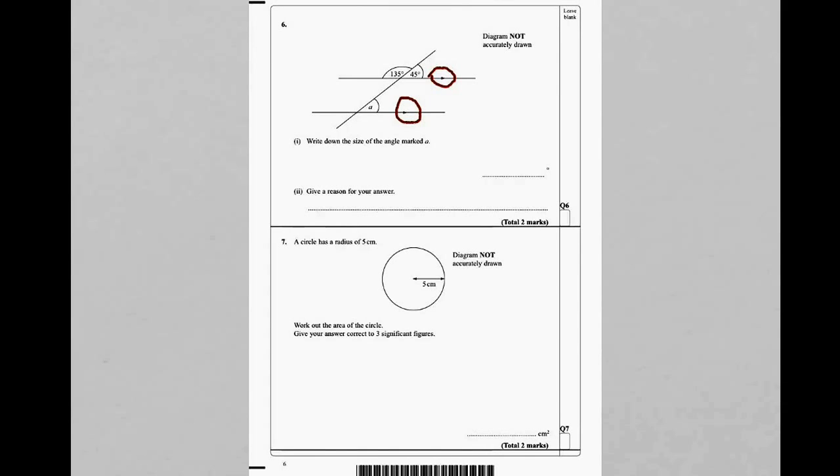Well, it's probably quite clear to see that these 2 angles are the same. And what we can see here is a kind of backwards F, where this angle here is the same as this angle here.